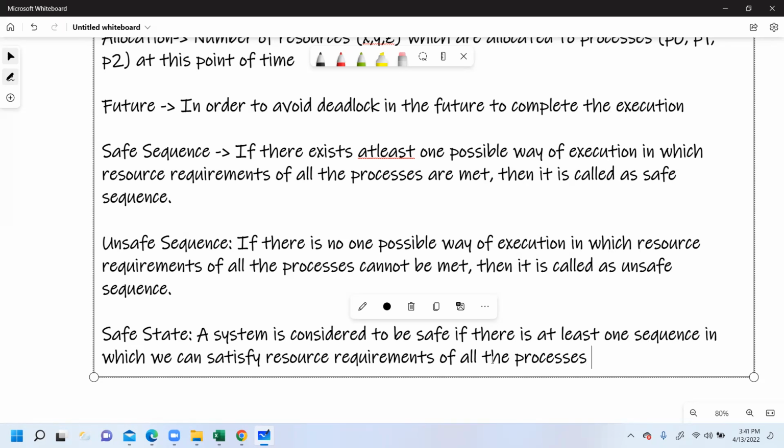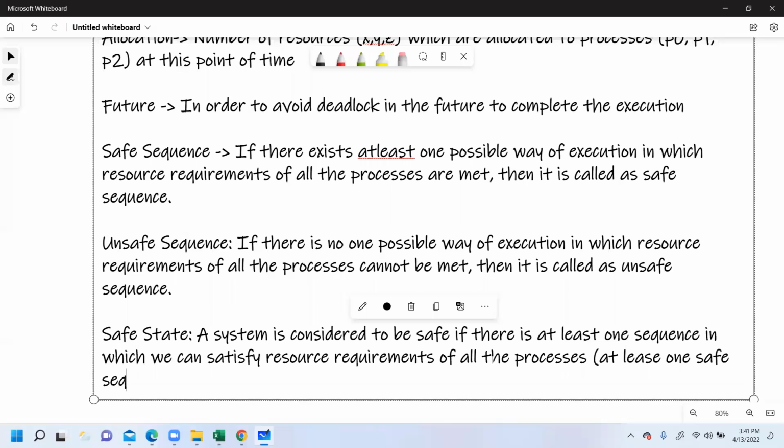That means there should be at least one safe sequence. That is called the system being in the safe state.